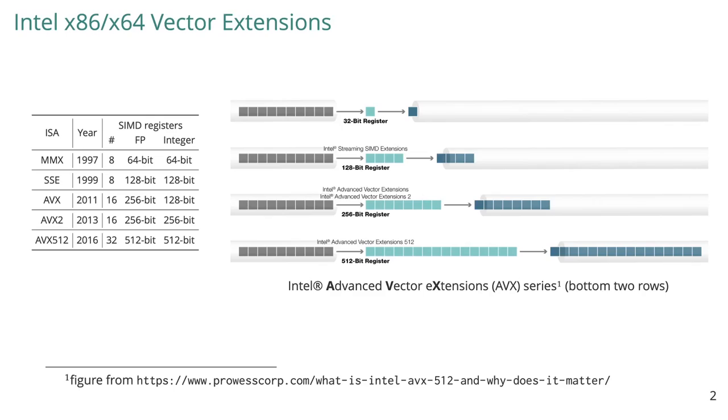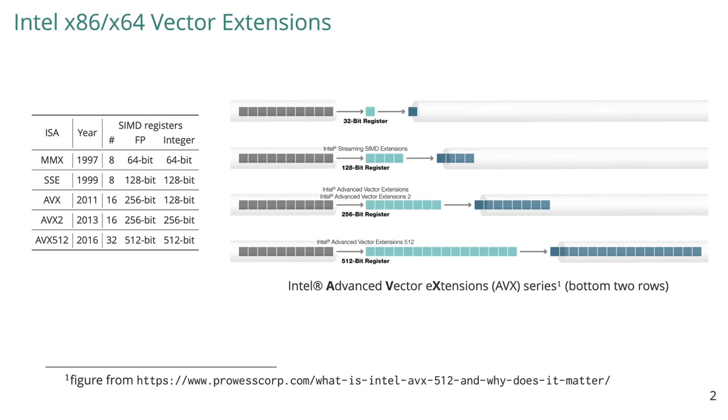AVX added packed floating point instructions using sixteen 256-bit registers, but it still operates on packed integers with 128-bit registers. AVX2 was first supported with Intel's Haswell microarchitecture in 2013. AVX2 enhances packed integer operations by using 256-bit registers.